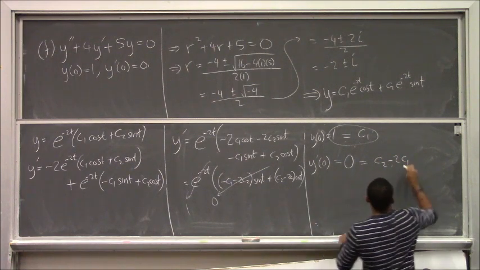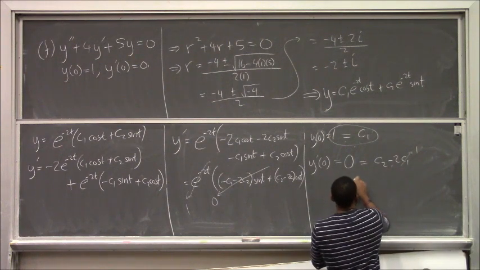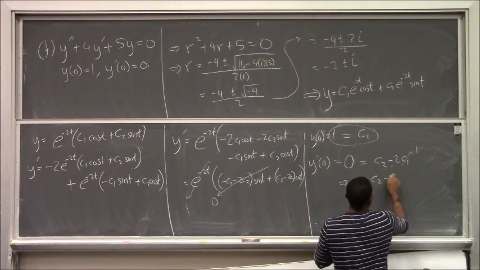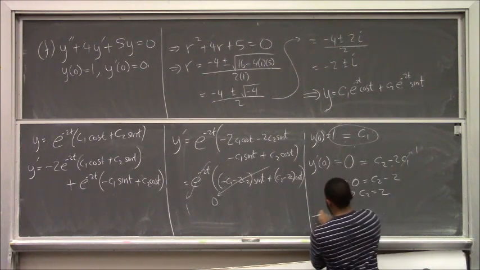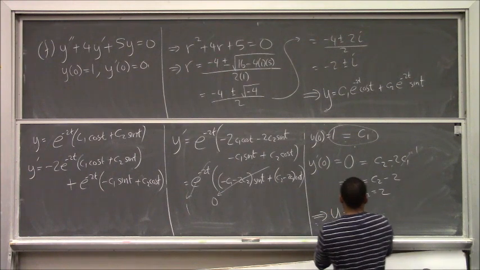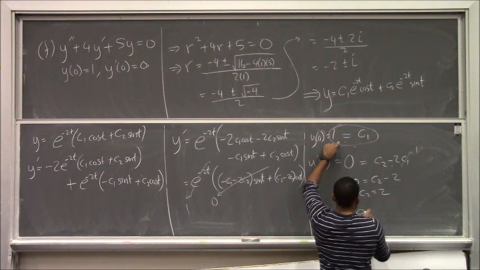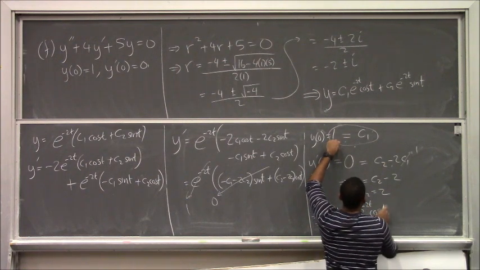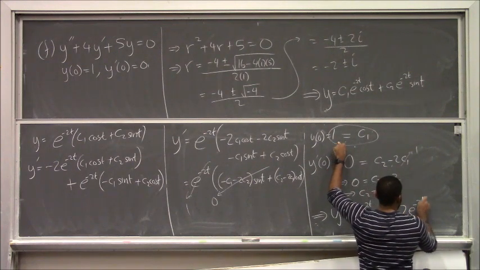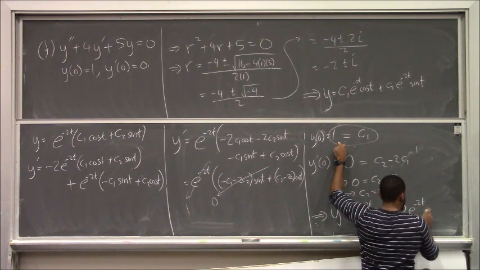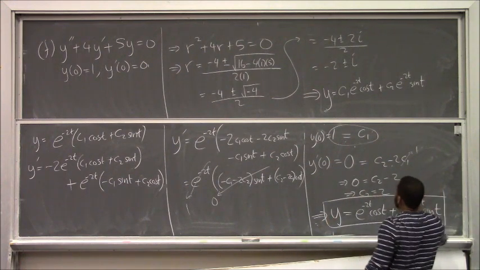But I know that my c1 is 1. So 0 is equal to c2 minus 2, which means c2 is equal to 2. This means that our function is going to be c1, which is 1, plus c2, which is 2, and that is our particular solution.